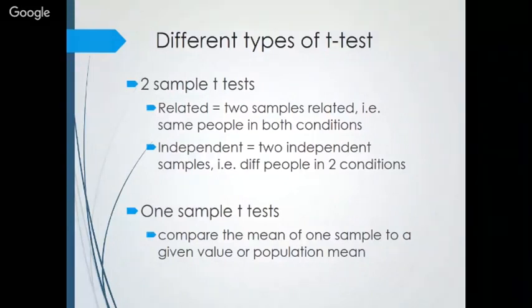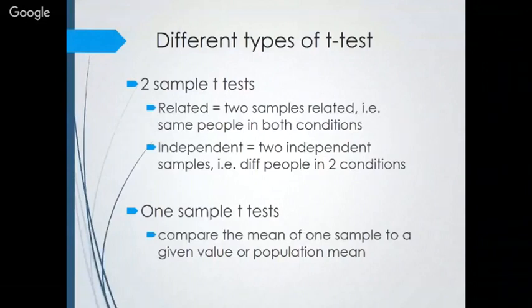Next, this is one type of t-test, and different types of t-tests are there. The types of t-tests are as given below. Two sample t-tests and one sample t-tests are the main classification. Within two sample t-tests, there are related t-tests and independent t-tests. Two sample related means the same people in both conditions.